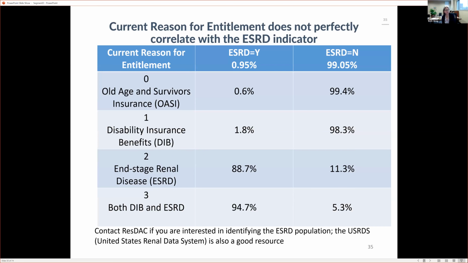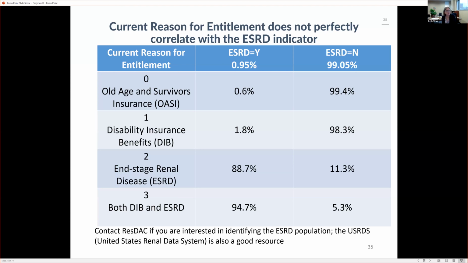It isn't just going to be the end-stage renal disease indicator, and there will be people with end-stage renal disease who are not captured. So there's mismatch in both ways, and I would suggest the USRDS, the US Renal Data System, is a good source of information on the renal dialysis program. ResDAC can also help, but do know with all of these indicators, there is some slippage, and in some cases you get things that don't line up perfectly.